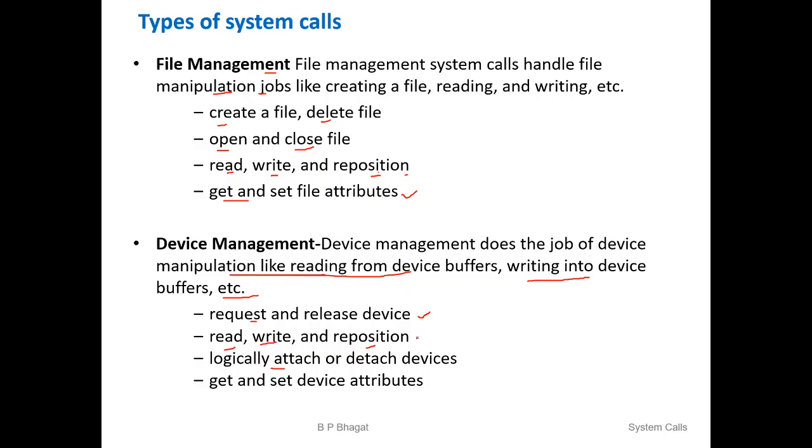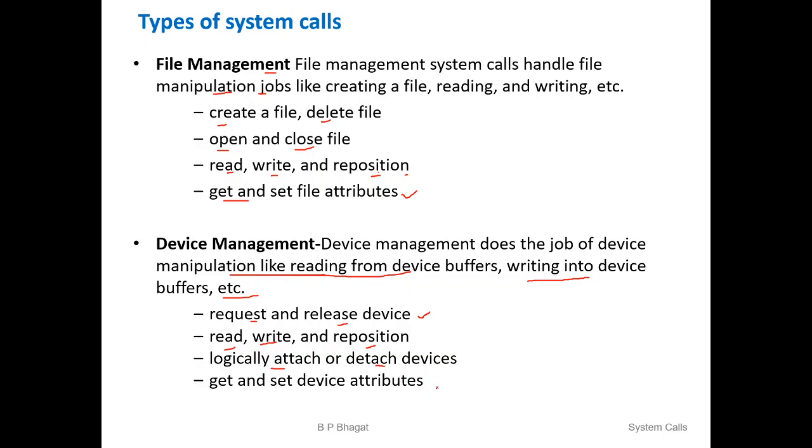we need to release the device so that other processes may use that particular device. To do this, we have the release device and the detach device system calls, with the help of which the device will be detached and can be used by other processes.